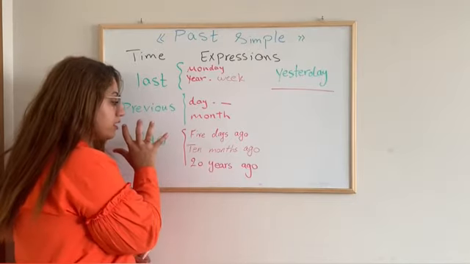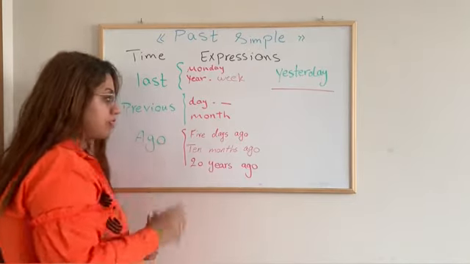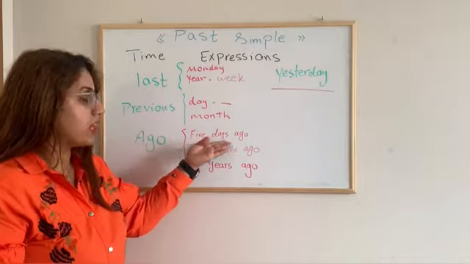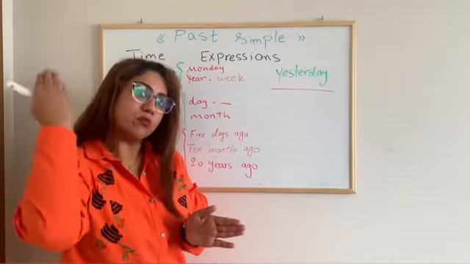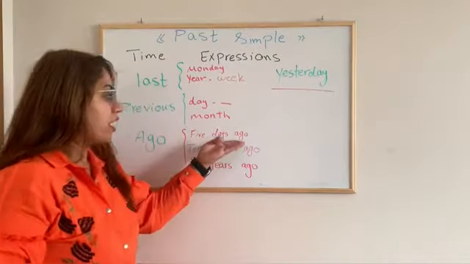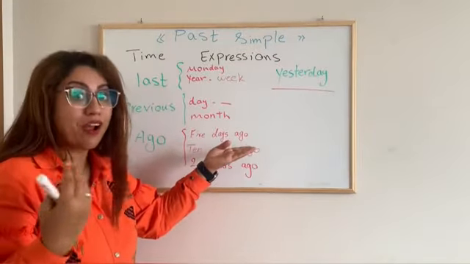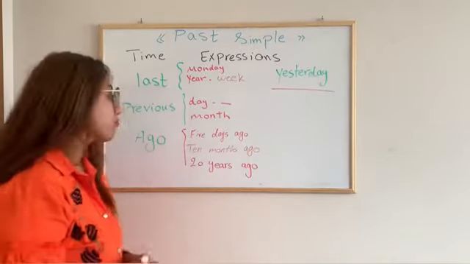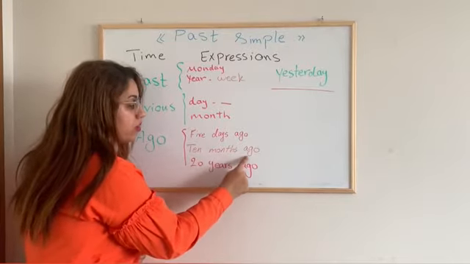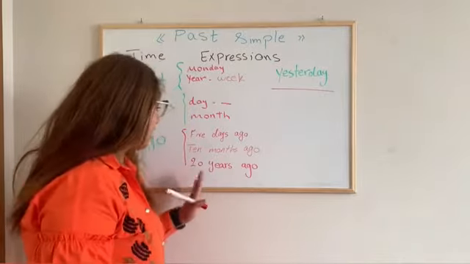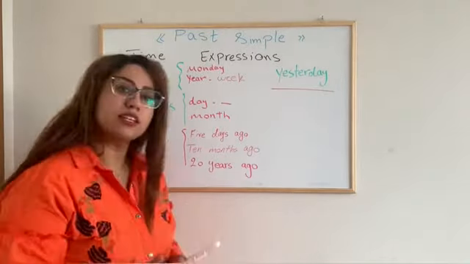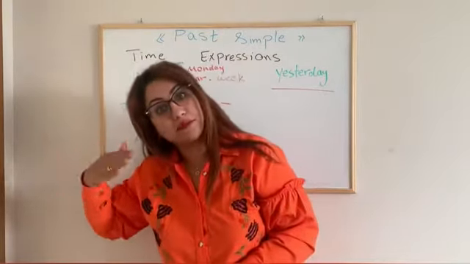Ago: just for past simple we use it, 5 days ago. From now on, we count 5 days to past. Ago means before. 10 months ago means 10 months before now to past. And 20 years ago, 20 years from now to past, before.